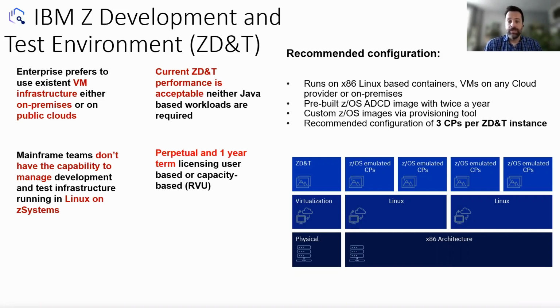The first one is IBM Z Development and Test Environment, or ZD&T for short. It's an offering that IBM provides that allows you to run real zOS on x86 hardware, and we provide tooling with this offering that allows you to extract your on-prem environment and have that running on x86 environments as well.